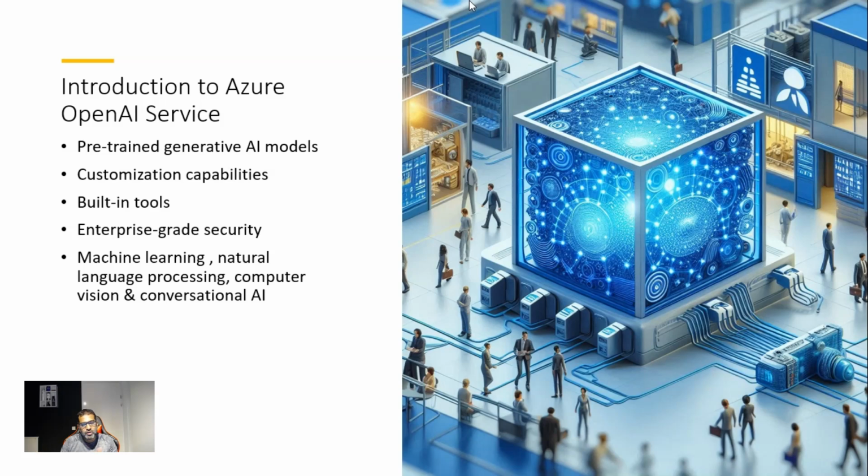Only with that will you be able to make your use case successful. In most cases, you go with the customization capabilities, which is option two, and then you will be able to do the enterprise grade security enforcement and roll it out. So that's the main benefit of having the Azure infrastructure and Azure services integrated into OpenAI.